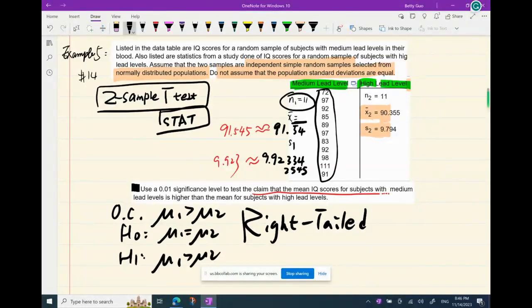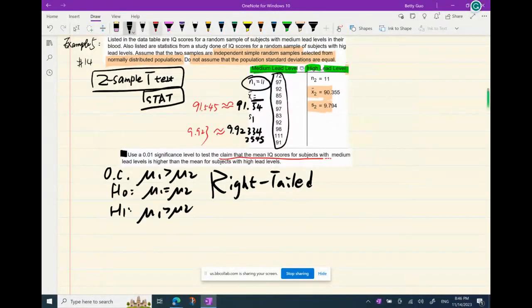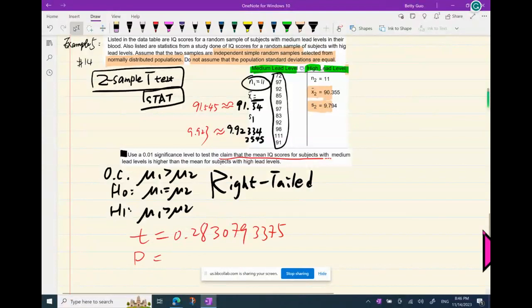All right, I'm going to give you my test statistic and the p-value. My test statistic t equals 0.2830793375, and my p-value, pretty high, is 0.3900128887.